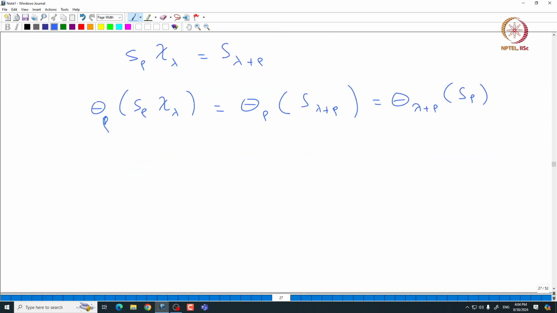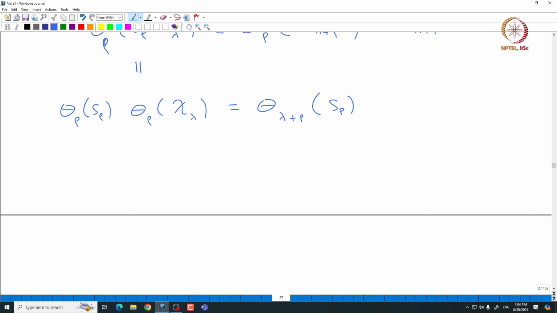So, this tells you that this is exactly equal to θ_ρ S_ρ times θ_ρ χ_λ, which is exactly θ_{λ+ρ} S_ρ. Now, what is θ_ρ χ_λ?